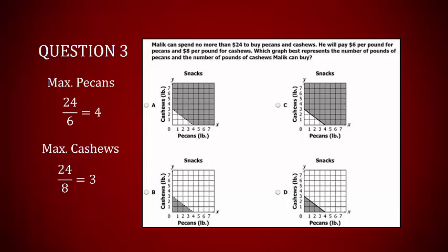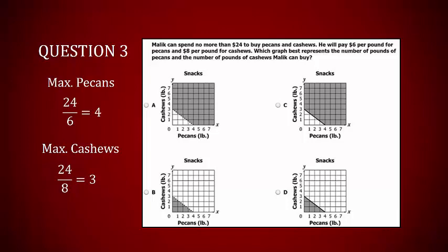What we want to figure out is what if he spends all his money on cashews, and what if he spends all his money on pecans. You divide the total amount by the cost per pound, and you realize you can get at most 4 pounds of pecans and at most 3 pounds of cashews.